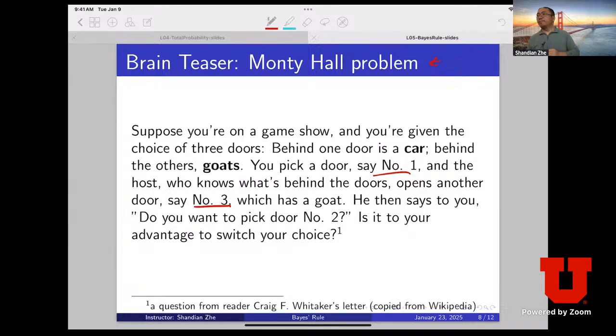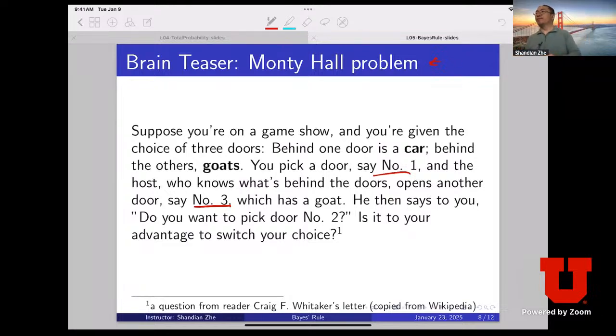Now, you have 2 choices. You stick with your first choice, gate 1, and open it to check if you are lucky enough to get a car. Or you switch your choice to gate 2, to see whether you have a better chance to have the car.